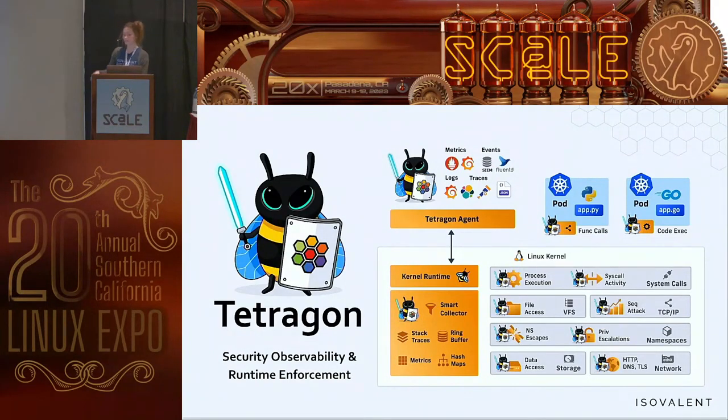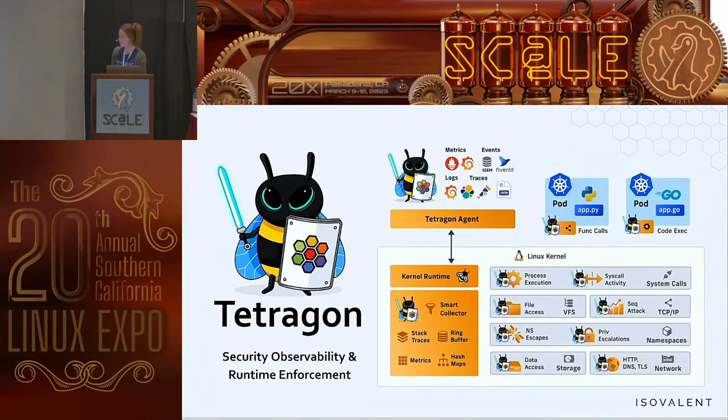In the case of Kubernetes, it's a daemon set, and in the case of Linux VMs, like bare metal VMs, it's a container, or it can run as a systemd service as well. It basically mounts a bunch of configuration files, like policies, which will generate security observability events.